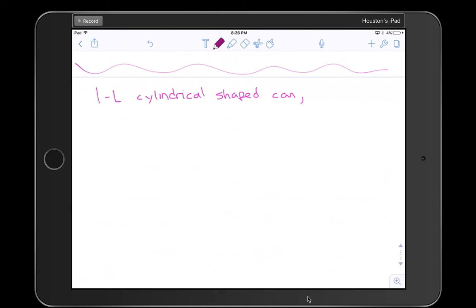And we're going to specify that we want it shaped like a right circular cylinder. So that means it's going to have a right angle, as opposed to sort of being slanted, but still being a cylinder.